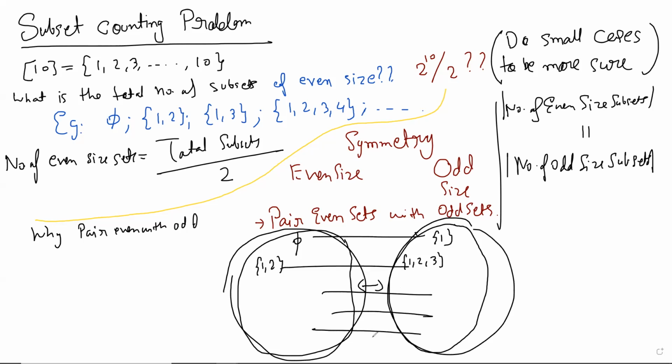This is a very powerful way to show that the size of two sets or two collections is the same without actually knowing their size. And obviously, once we know that they are the same, then we'll also know their size. This was the idea that we had used last day.